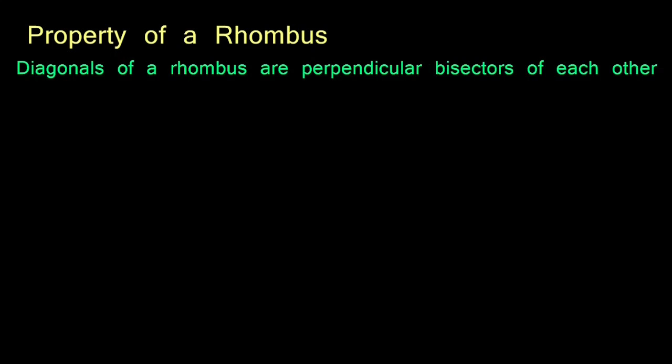Let us understand the property of a rhombus. The property states that diagonals of a rhombus are perpendicular bisectors of each other. We will prove this property.